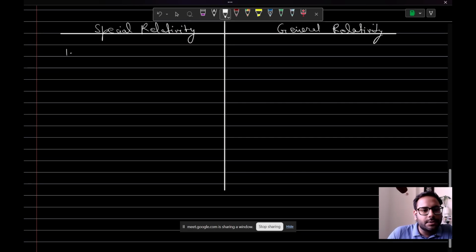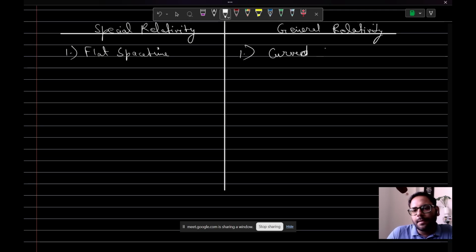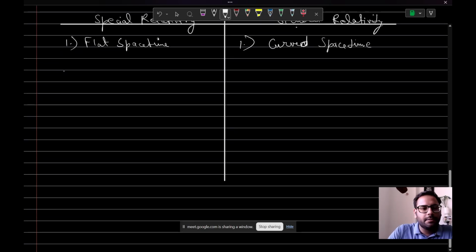First thing: in special relativity we work in flat spacetime, and in general relativity we work in curved spacetime. We will see how this notion of flatness and curvedness will arise, and how it can be quantified by some mathematical quantity.